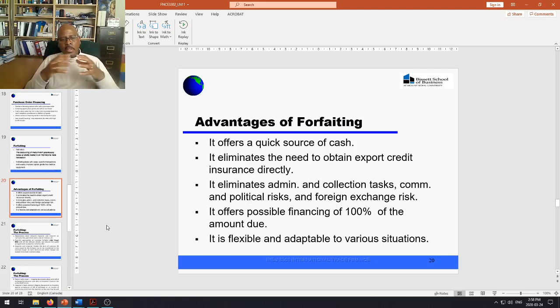Well, once again, as in most medium and short-term financing, it offers you cash upfront, quick cash. So it helps you close that cash flow gap, that cash conversion cycle gap. From the time you're sending the goods over to your trading partner overseas till when the trading partner pays you, there is that gap.